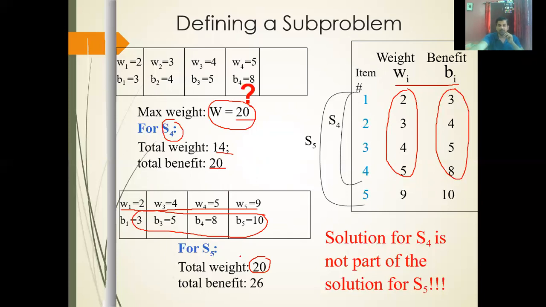This total weight is less than or equal to the size of the knapsack, that is 20 here. So I'm just trying to define how the sub-problems look.